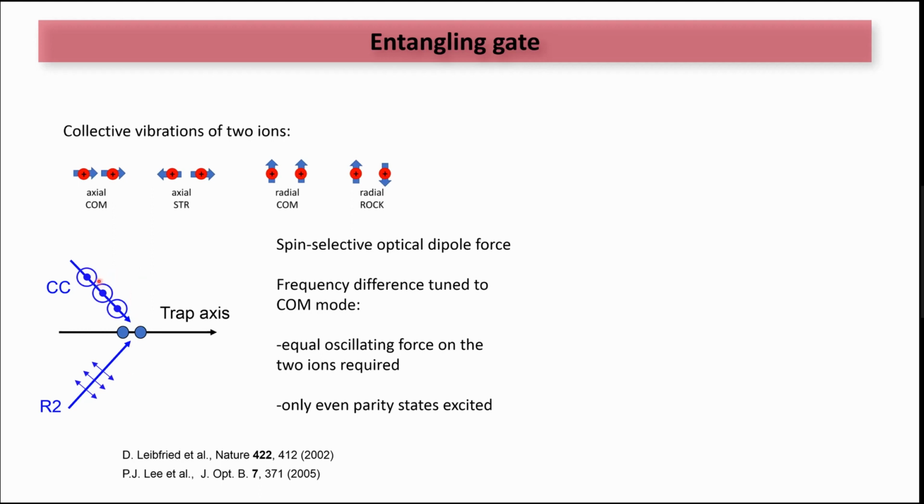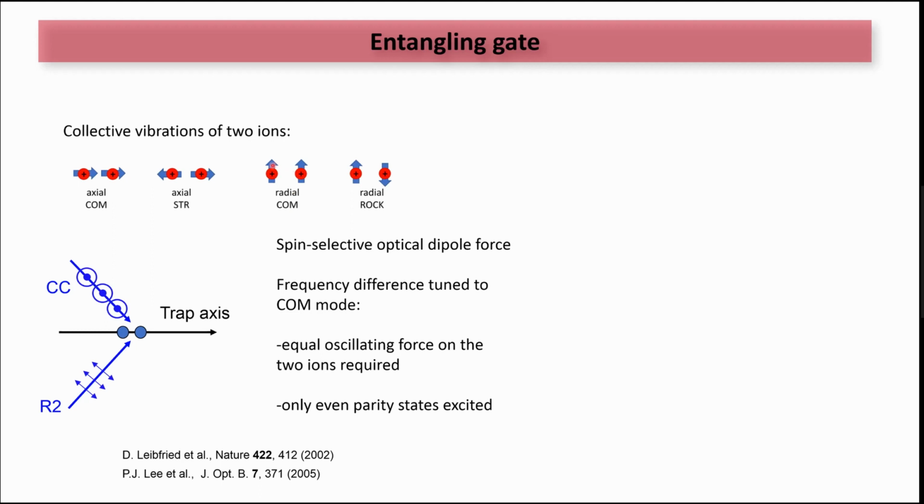So now if we have a slight detuning between these two laser beams here, the standing wave will move across the ion crystal, and the ions will experience an oscillating spin-dependent force due to the AC Stark shift. So we can resonantly drive motion selective to one of these modes here. Now, as I said, the AC Stark shift depends on the spin.